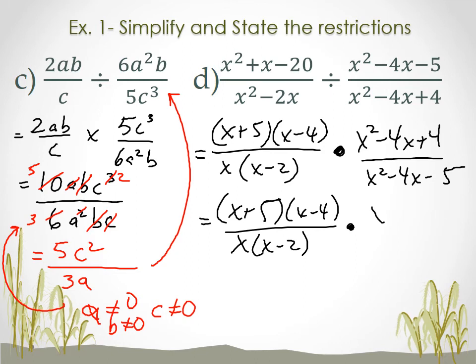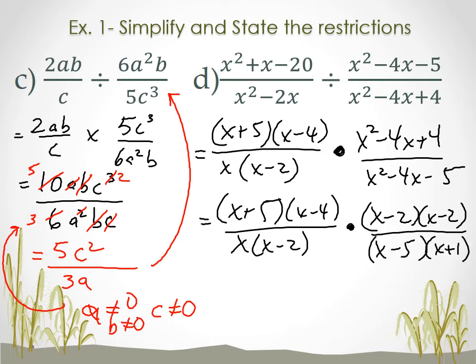That's going to factor to x minus 2, x minus 2, and x minus 5, and x plus 1. Now you're ready for canceling stuff out. Anything that's the same on top and bottom can be canceled. So x minus 2, x minus 2. And that's all that can be canceled.